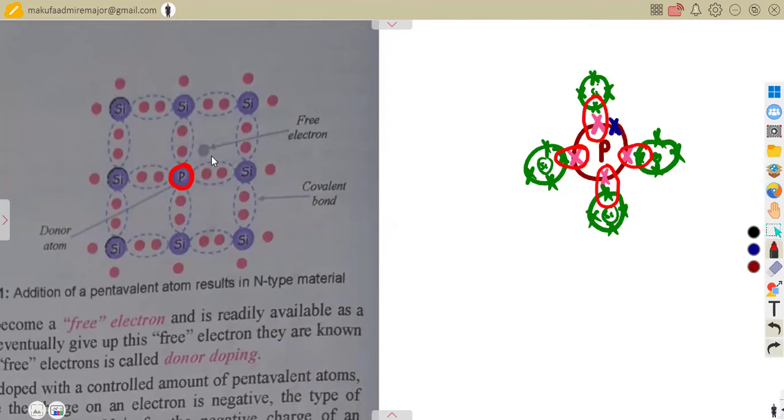There is nothing, so this is the free electron. The covalent bonds happened, but there is a free electron. That is more electrons. That is the N-type. So at the end, we are saying it's more negative, the N-type material.